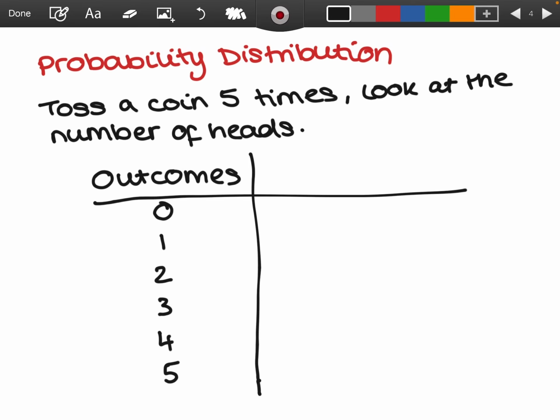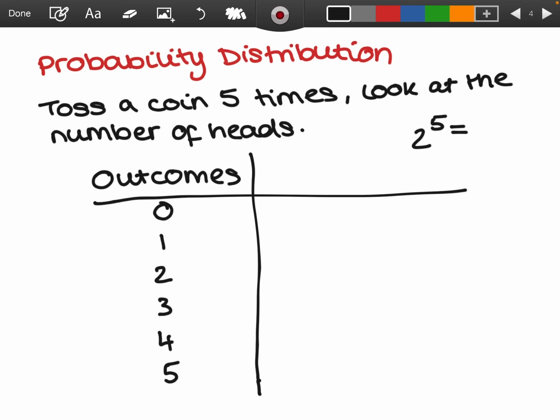Well, first let's look at the total number of possible outcomes that we can have. If we are tossing a coin 5 times, then there are 2 possibilities each time you toss the coin, heads or tails. So from tossing the coin 5 times, we know that there are 2 to the 5 possible different outcomes in terms of sequences of heads or tails.